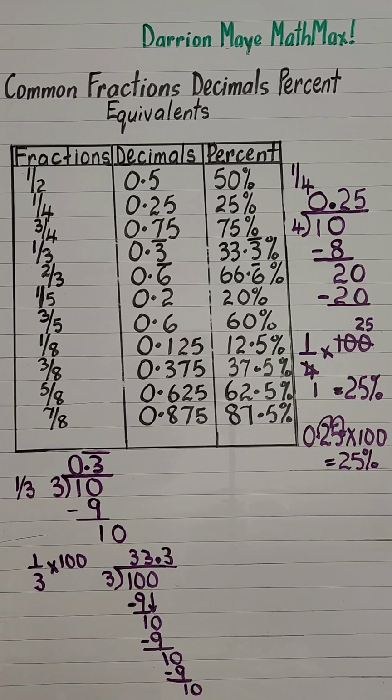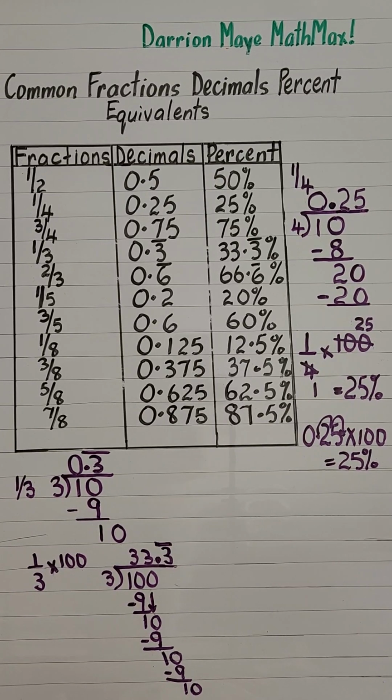And you will notice that the 3 will be recurring. So this is a repeating decimal. So we indicate that the 3 will be recurring by putting a bar over that 3.